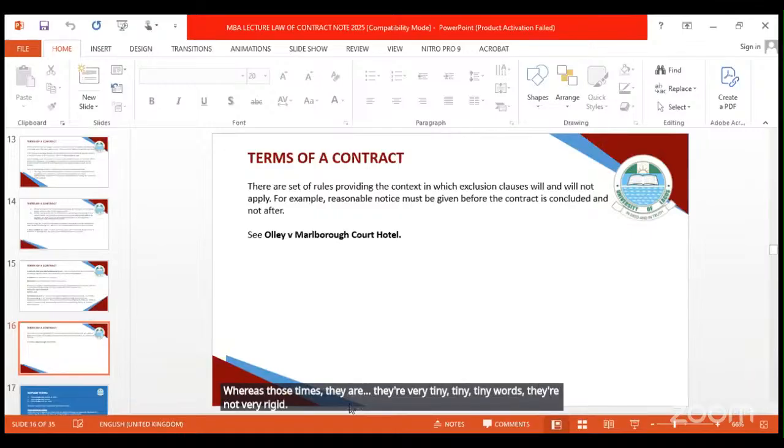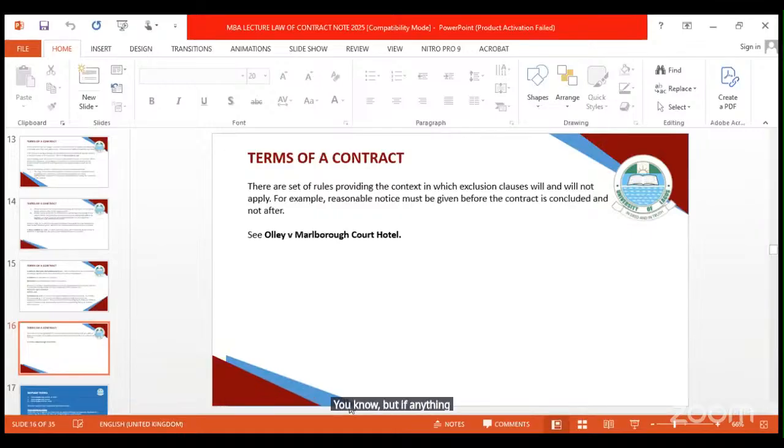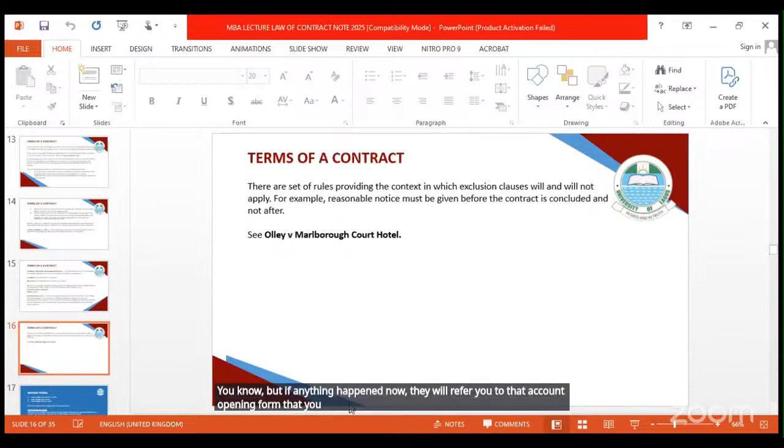But if anything happens, they will refer you to that account opening form that you filled. Look at it, the terms are there, when in fact the terms are not readable.